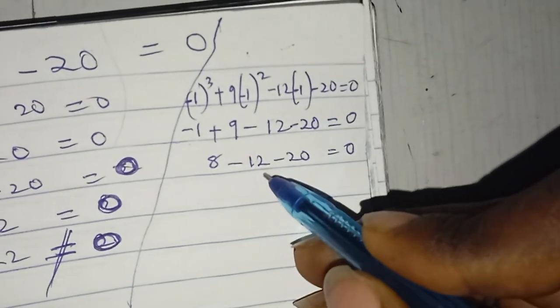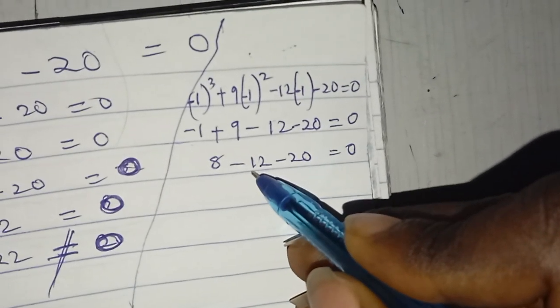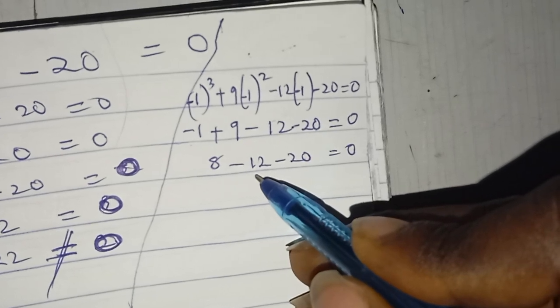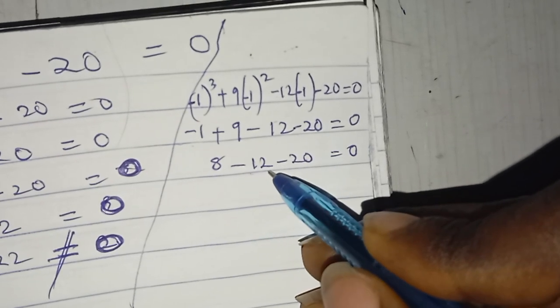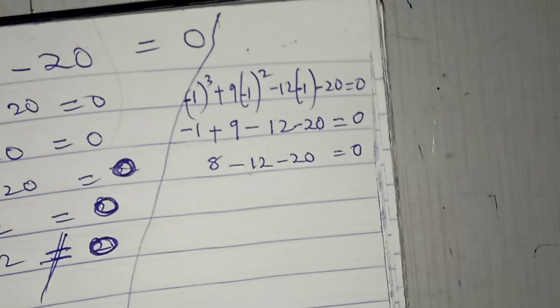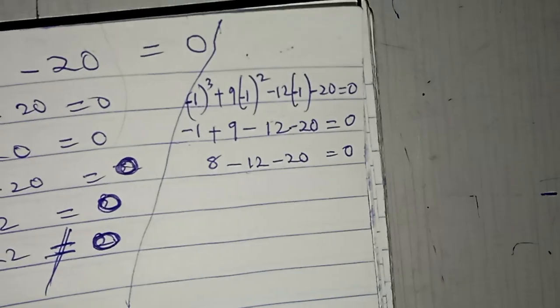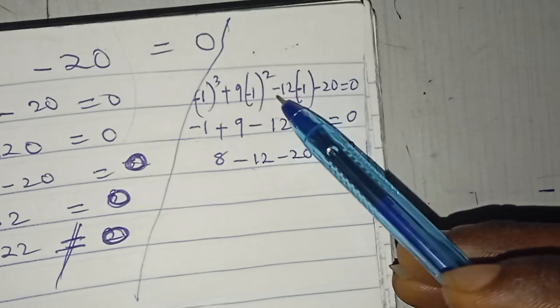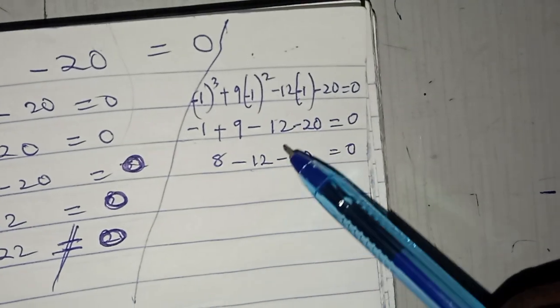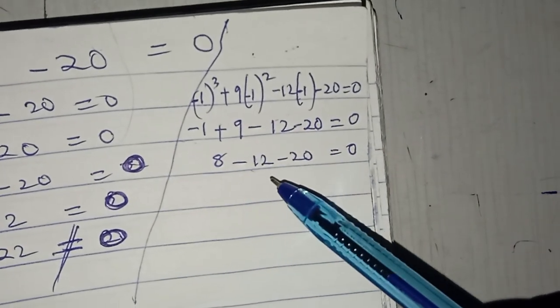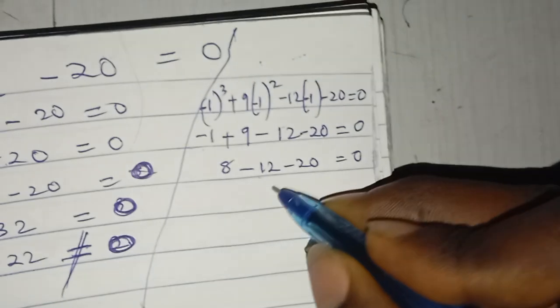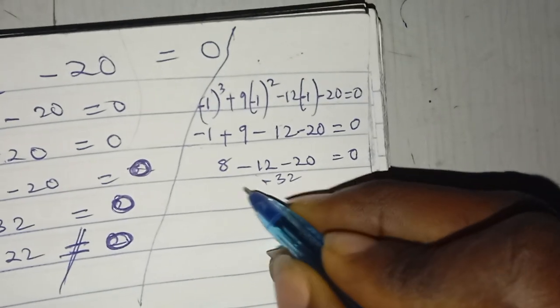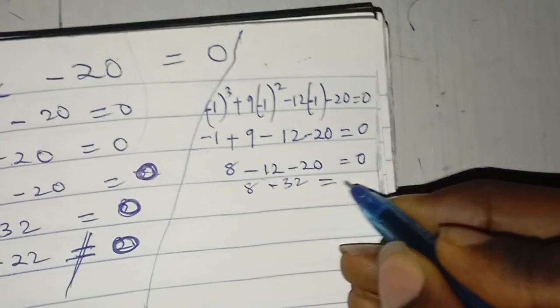Let's check. Minus 12 minus 20, so I will get minus 32, then 8.